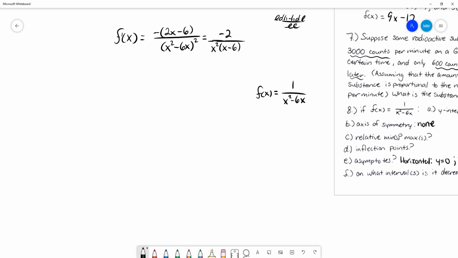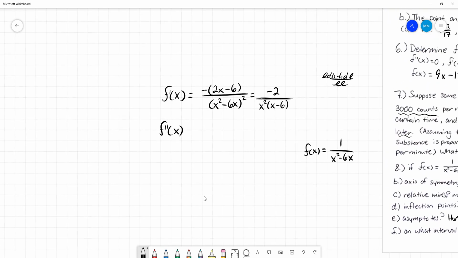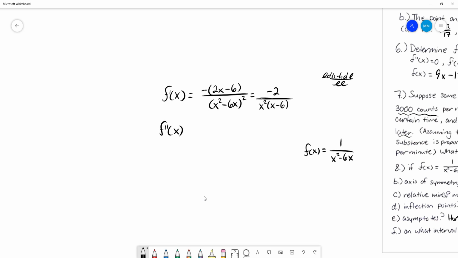Now taking the second derivative, we need to use that quotient rule again, which is part of why I like to simplify at least that first derivative as much as possible, just so that it's not as ugly and complicated to take the next derivative with. I am going to distribute that out actually, just so it's a little bit easier to take that derivative.